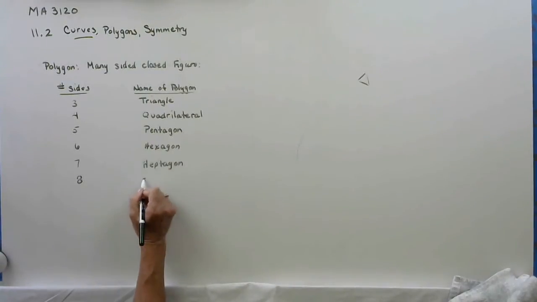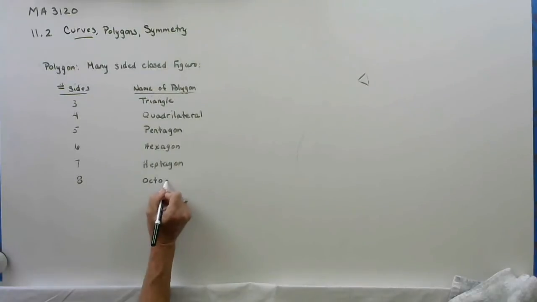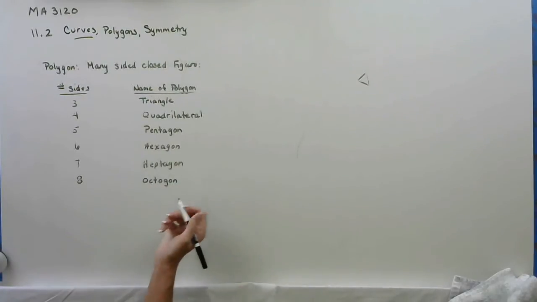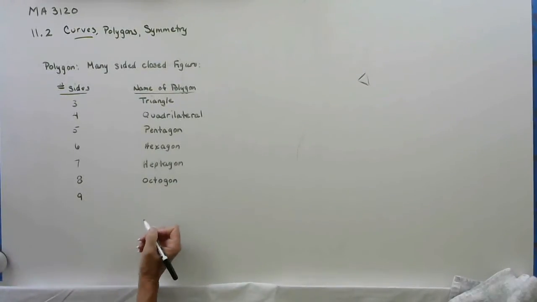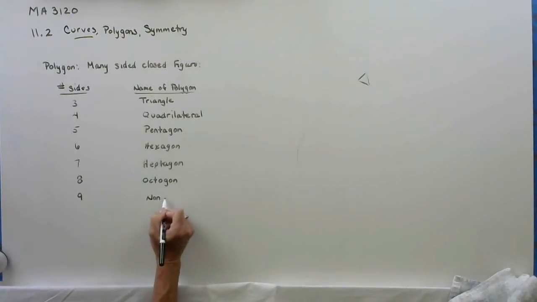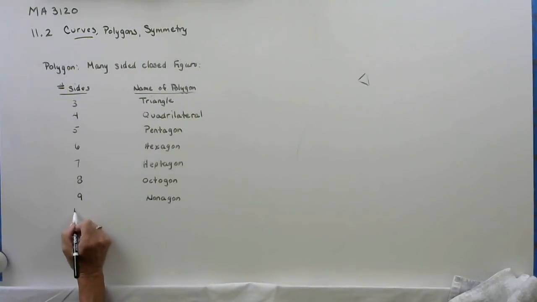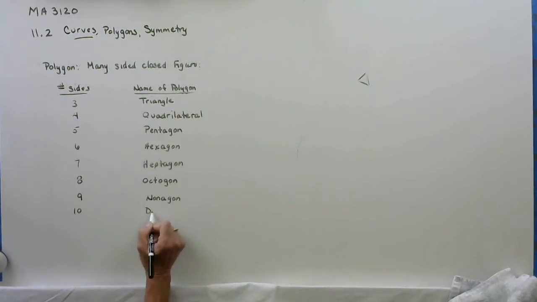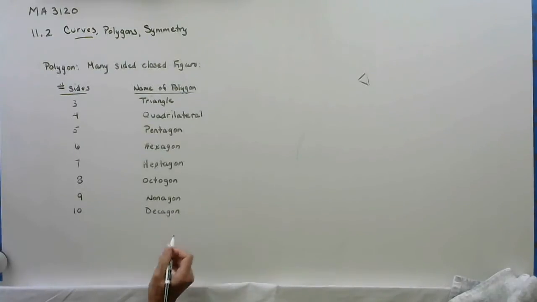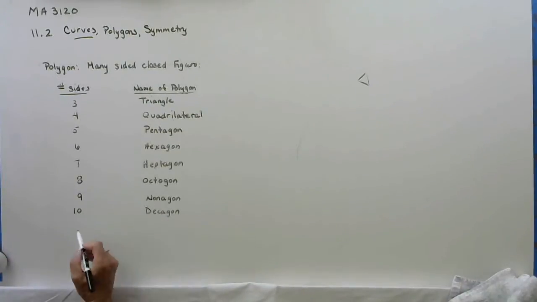Eight, octagon. Nine, nonagon. Ten, deca, like a decade, decagon. Sometimes you see it spelled with a C, sometimes with a K. Either way is fine with me.